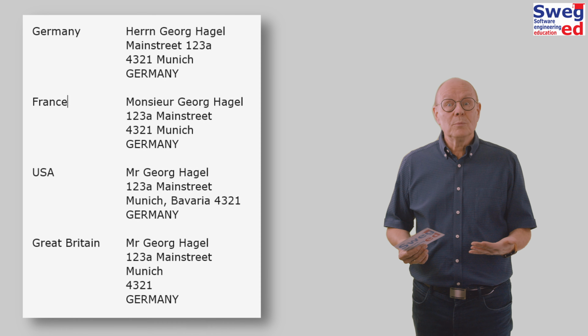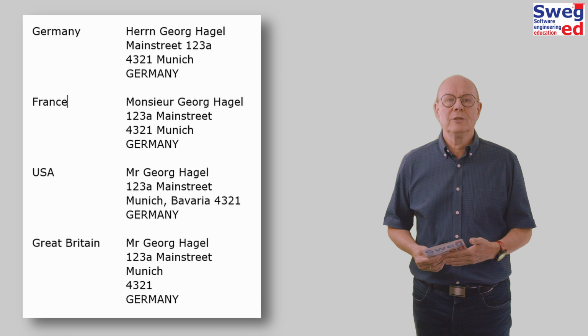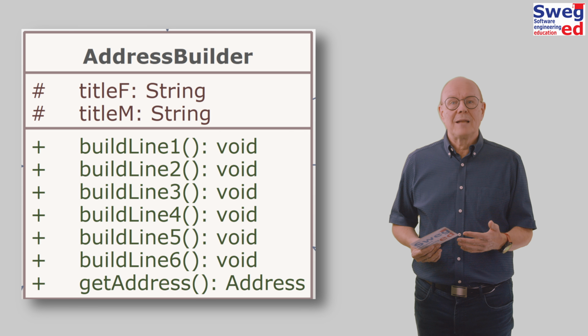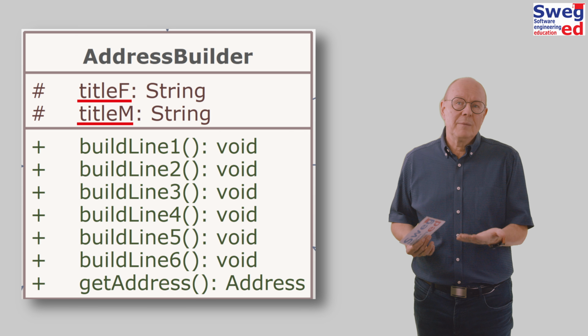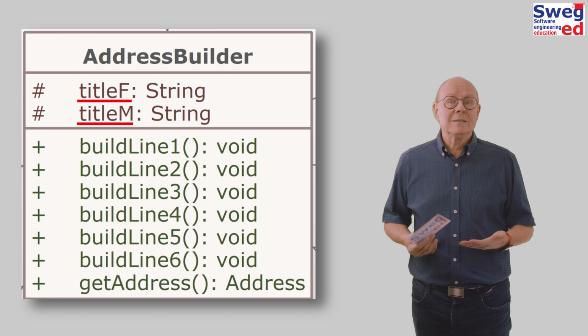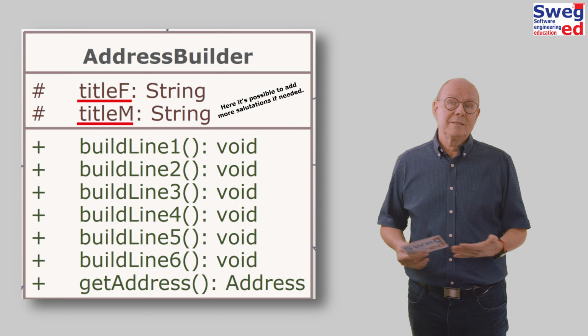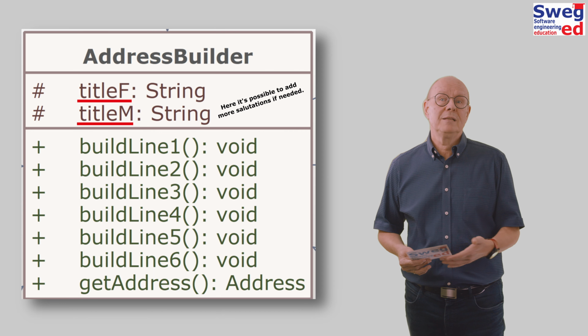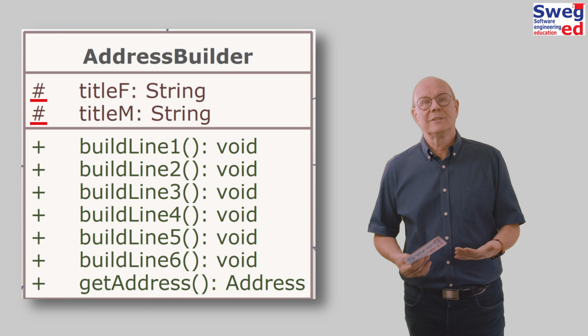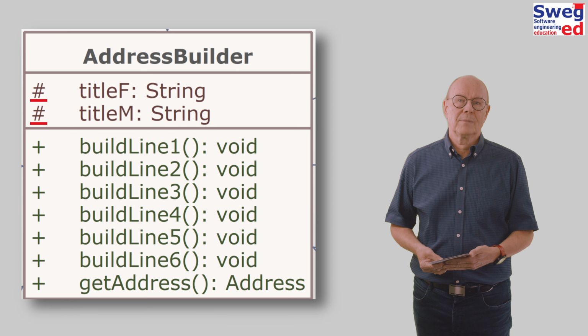We decided to provide a default implementation in the parent class. In our solution, titles for masculine and feminine forms, titleM and titleF, are added to address builder, set by the constructor of each child class. That's the reason why their visibility is protected.